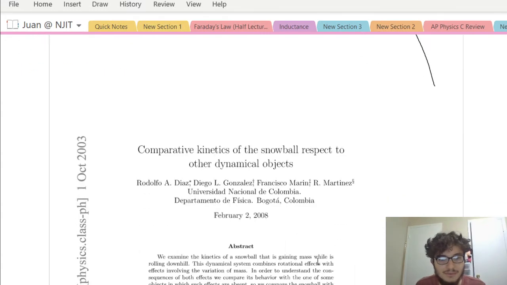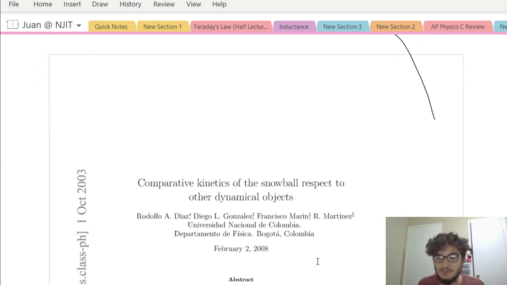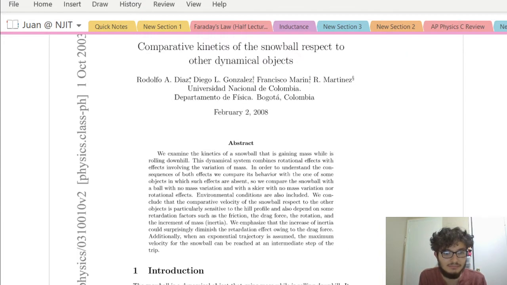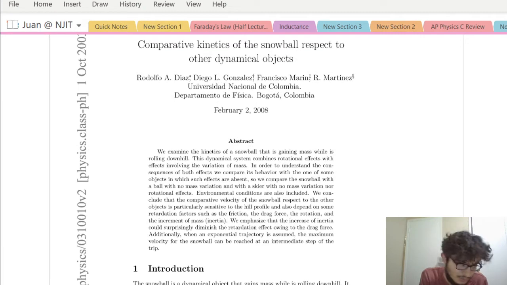And in this video, of course, I'm going to show you the first paper on the snowball problem. Essentially, this paper is pretty much a mathematical model, I guess you could call it, a mathematical model that is written in LaTeX form.